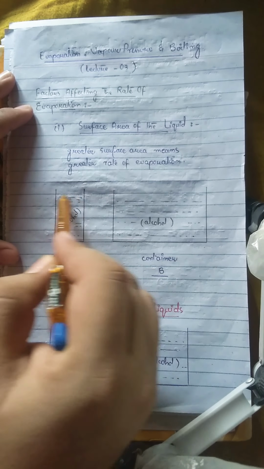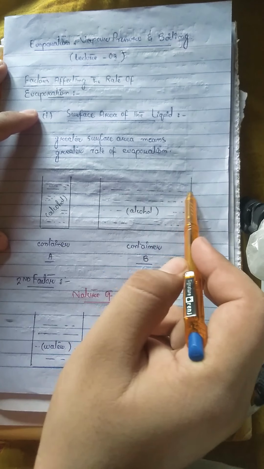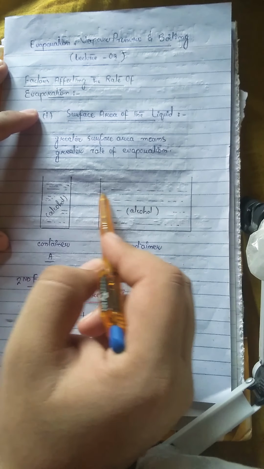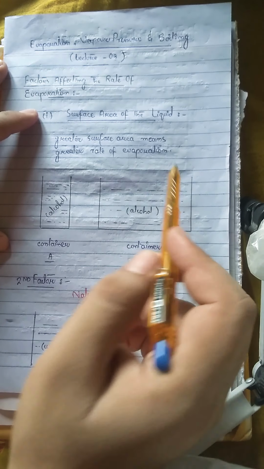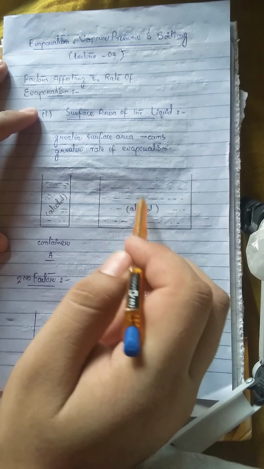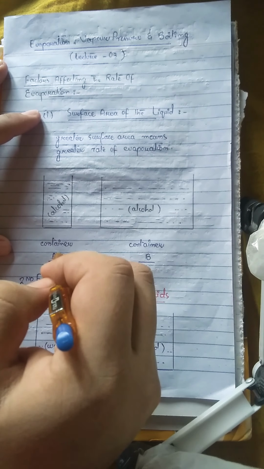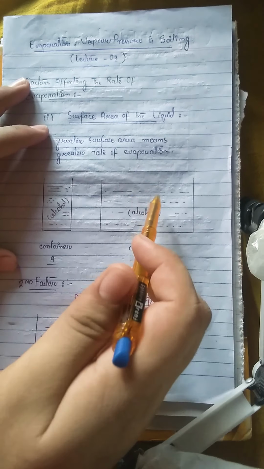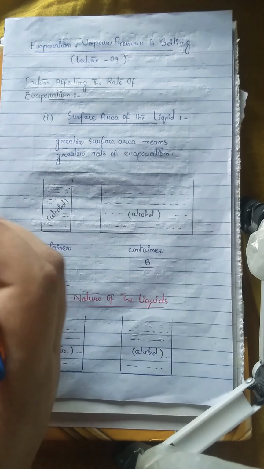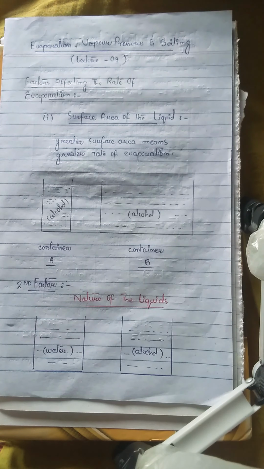In container A, the alcohol has smaller surface area, whereas in container B, the alcohol has greater surface area. So obviously the rate of evaporation in container B will be greater as compared to container A. It means the alcohol from container B evaporates more rapidly as compared to the alcohol present in container A. So this is the effect of surface area on the speed of evaporation.